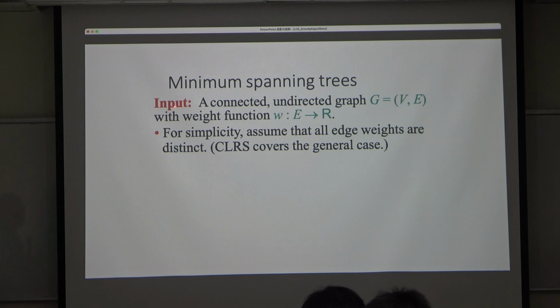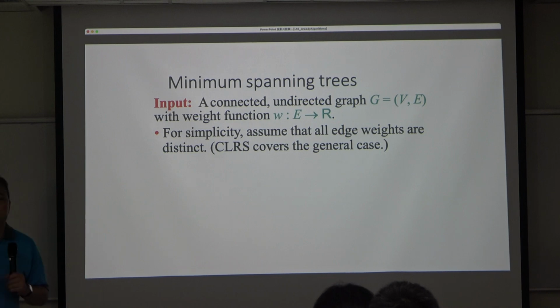Given a connected undirected graph with a weight function, so each edge is associated with a weight, you could assume for simplicity that all edges have different weights.